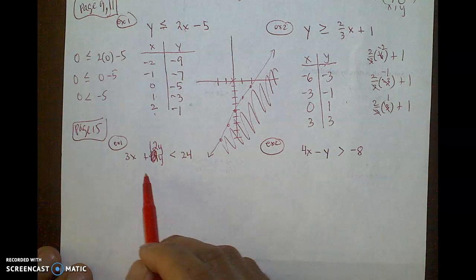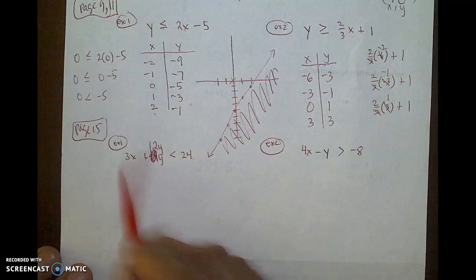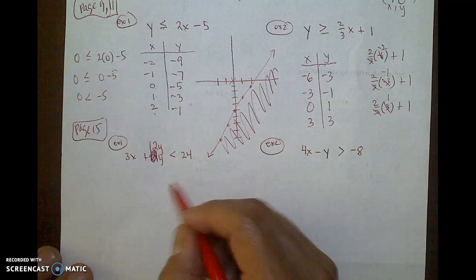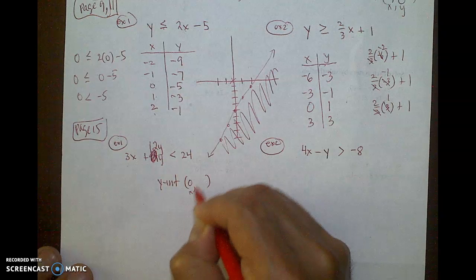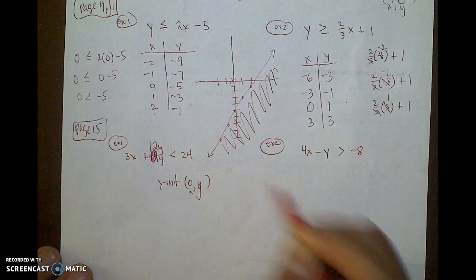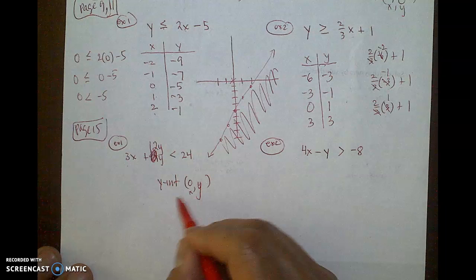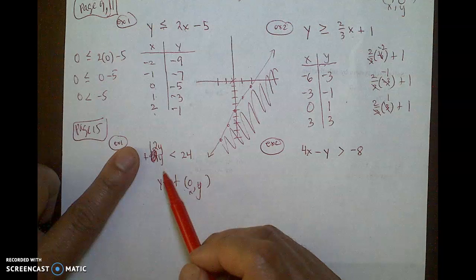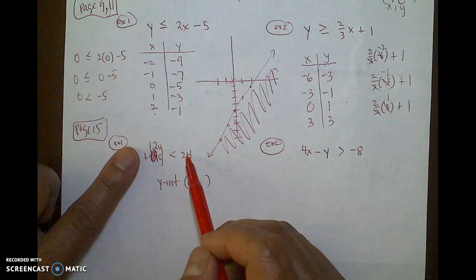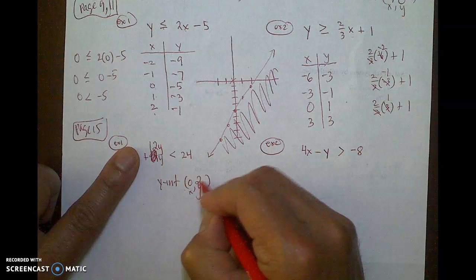Okay, so let's first find the y-intercept for this. So again, remember, when we find the y-intercept, we're going to plug 0 in for x, so that goes away. So I'm left with 12y and a 24, so y has to equal 2.